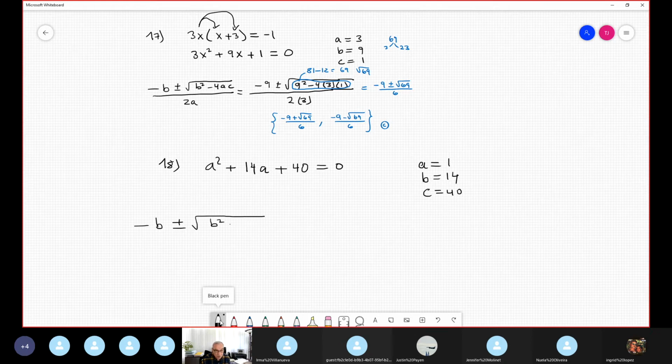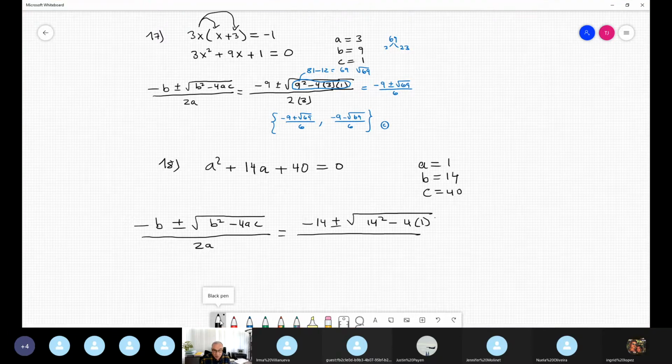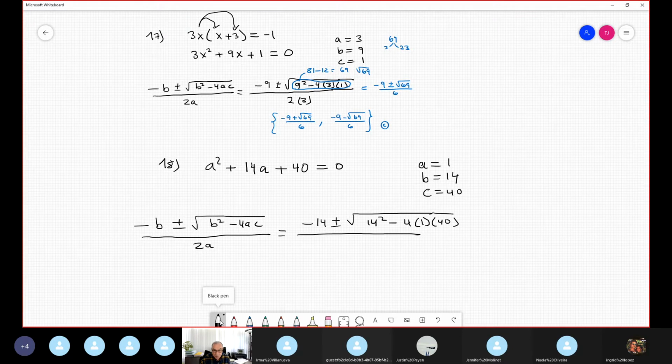Minus b plus or minus square root of b squared minus 4ac divided by 2a. So minus 14 plus or minus square root of 14 squared minus 4 multiplied by 1 multiplied by 40, divided by 2 times 1. Very simple.